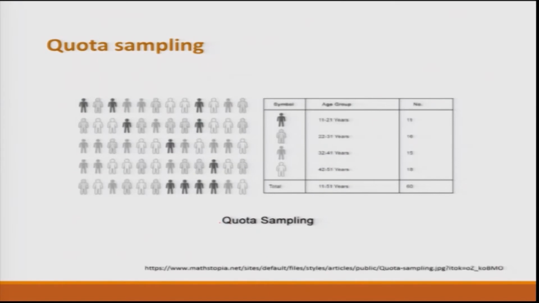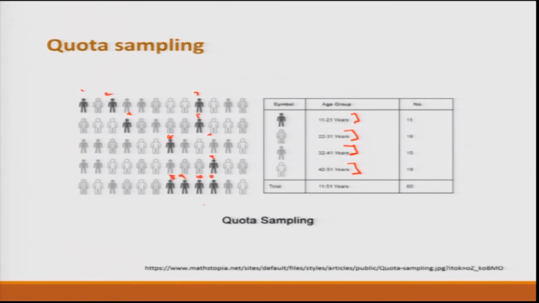So, let us take an example here. These are the age groups 11 to 21 years, 22 to 31 years, 32 to 41 years and 42 to 51 years. So, the numbers here are 11 from 11 to 21 years: 1, 2, 3, 4, 5, 6, 7, 8, 9, 10, 11.